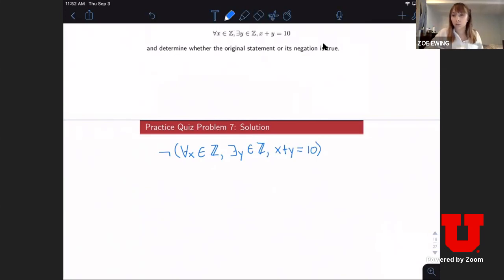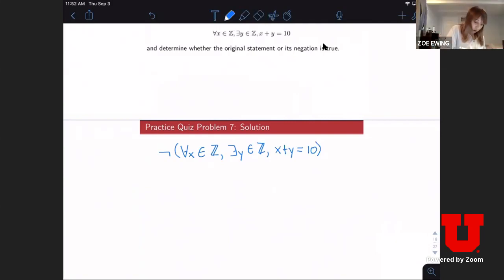With these negation problems, you just want to go through each section and negate that part. When you negate a quantified predicate, you flip the sign and then negate whatever is to the right of it. I'll do this first term and then I'll let you work on it.